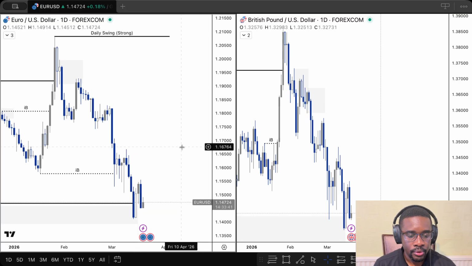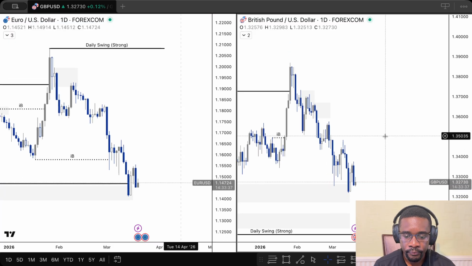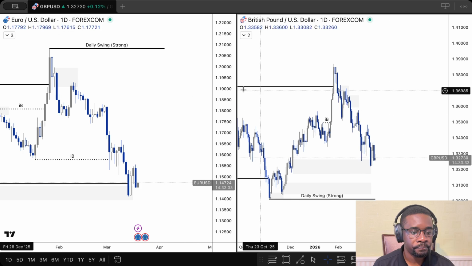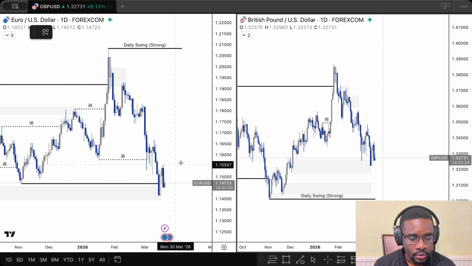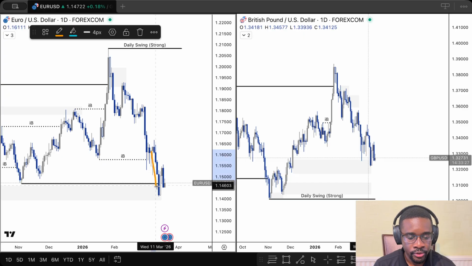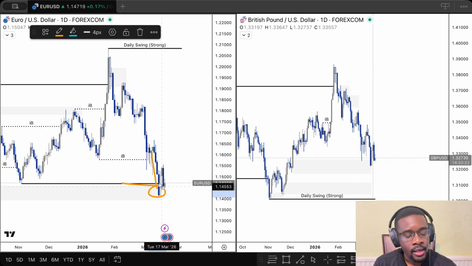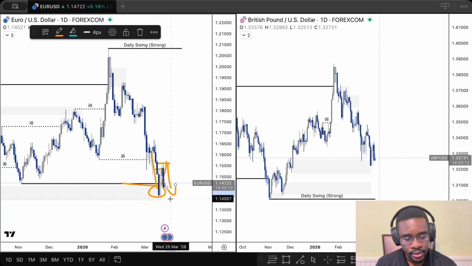Looking at the charts from the daily, Euro USD, we've broken structure to the downside, albeit we've mitigated this daily area of demand and we had a strong reaction, and we did come back into this area of imbalance and we are reacting bearish again.